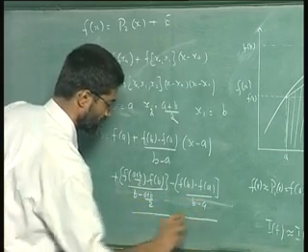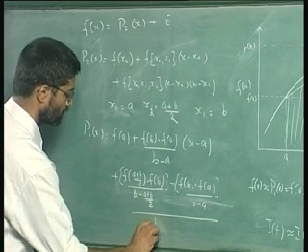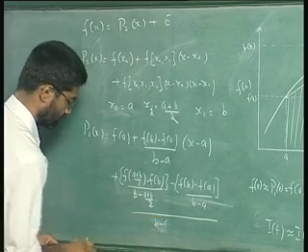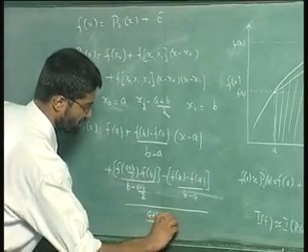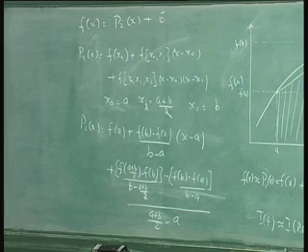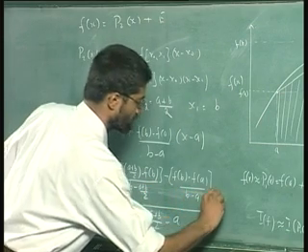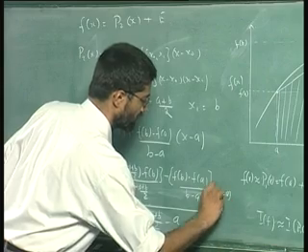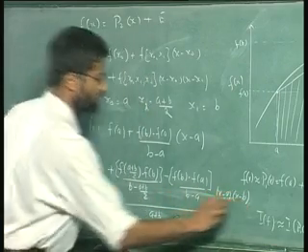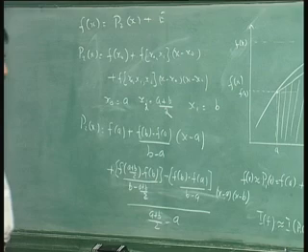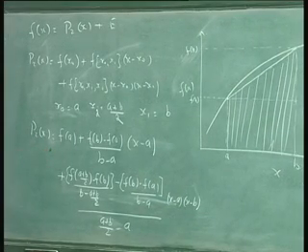Now, divide the whole thing by (a+b)/2 minus a. Okay, that's what we are going to get, into (x minus a) into (x minus b). Okay, that is our polynomial. So now that is the polynomial we have, the approximation, and we can now find the integral of that.